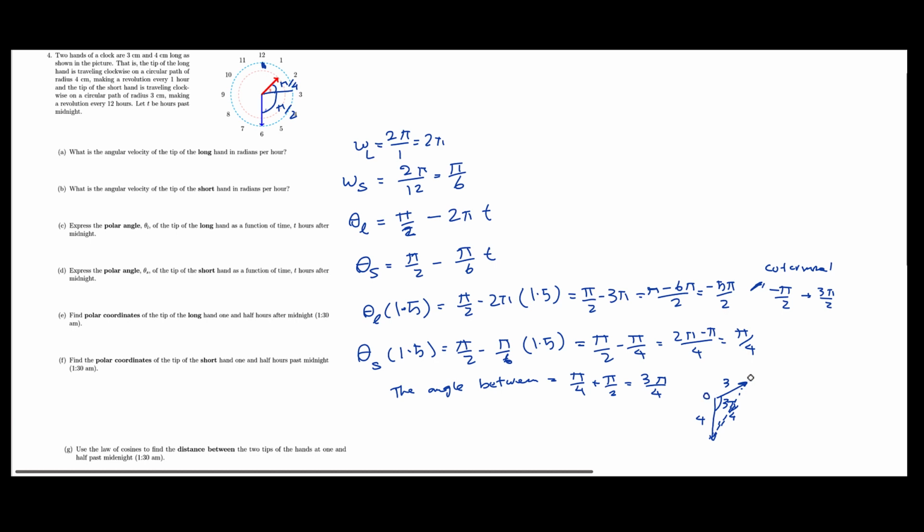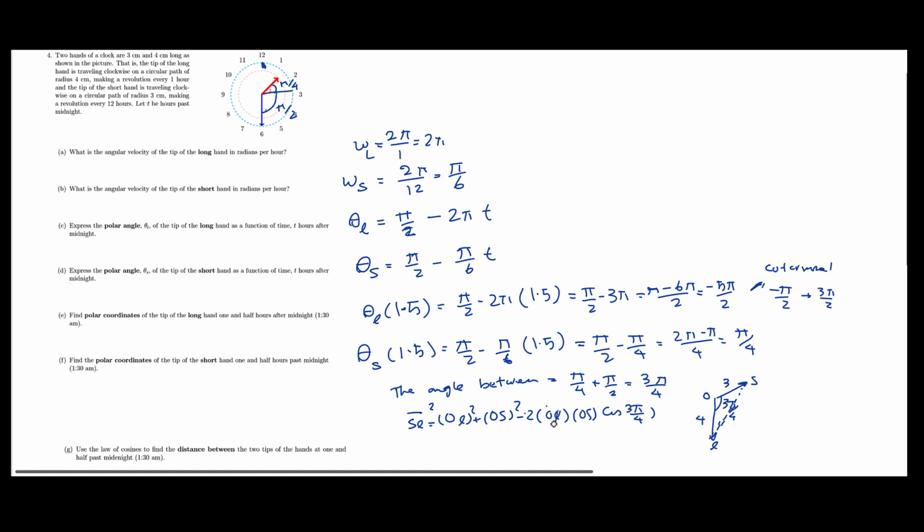If this is O, this is S, this is L, I can write that the length of SL squared is equal to OL squared plus OS squared minus 2 times OL times OS, cosine of 3 pi fourth. Cosine of 3 pi fourth is negative square root of 2 over 2.